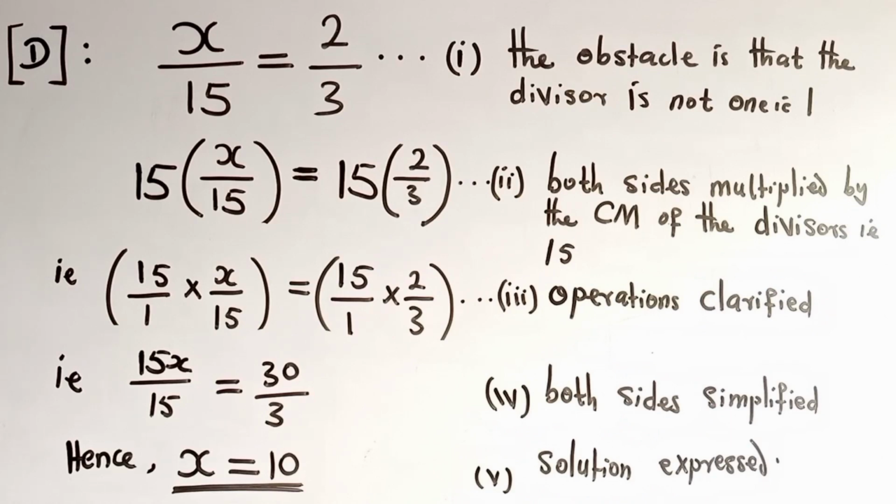This kind of equation that possesses one divisor each at both sides is called a simple algebraic equation. But if there are 2 or more divisors on either side or both sides, that is where we are not supposed to apply cross multiplication. If we apply it, we are going to get the answers wrong.